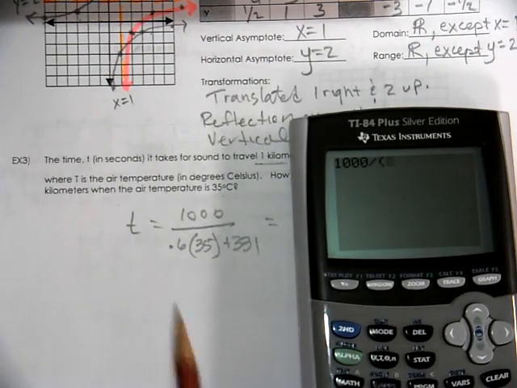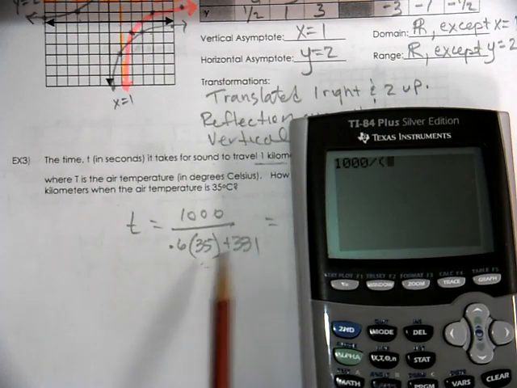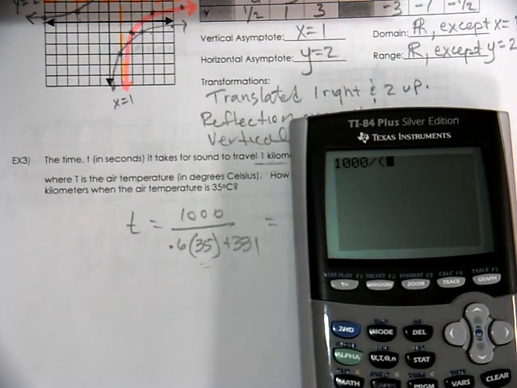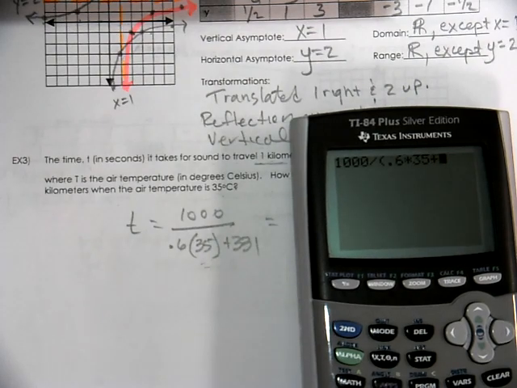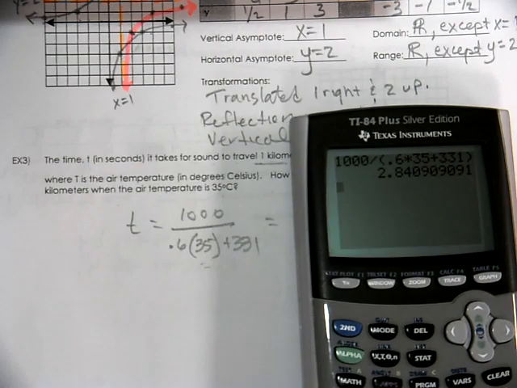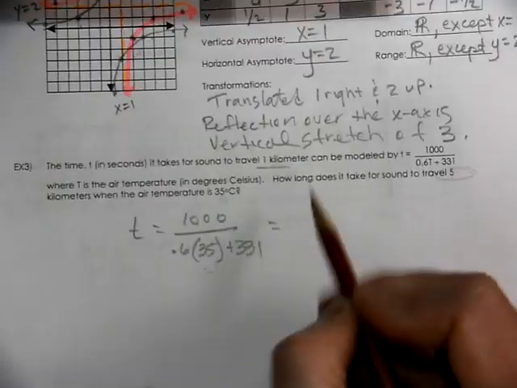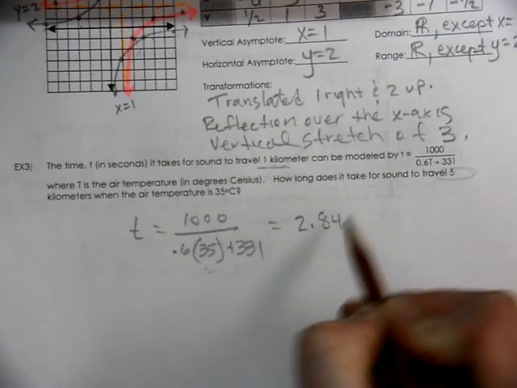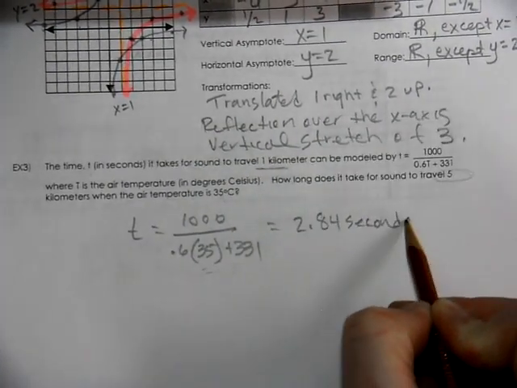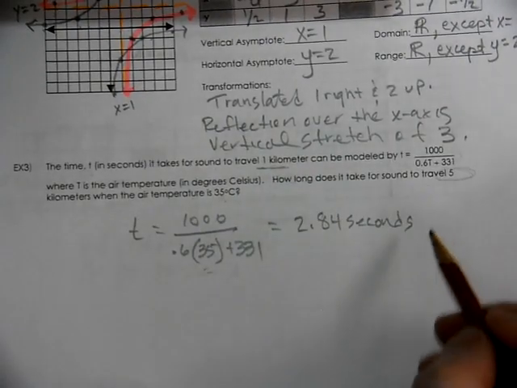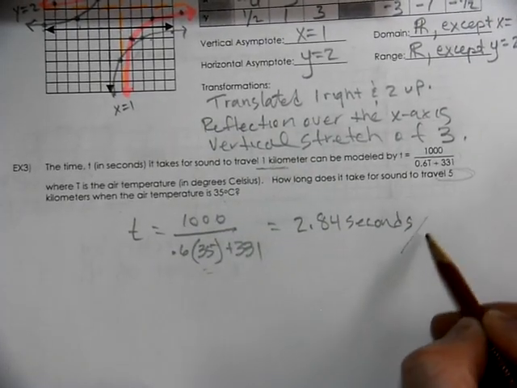You've got to use parentheses if you want this all to be in the denominator together. 0.6 times 35 plus 331 should give us 2.84. 2.84, these should be seconds. That's to go 1 kilometer. This would be per kilometer.